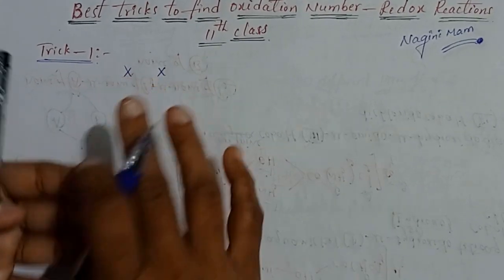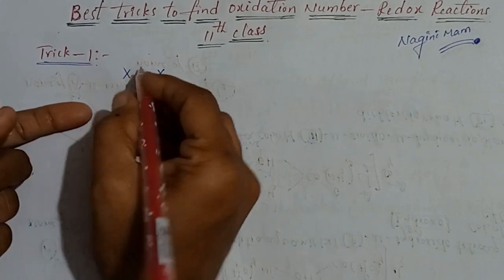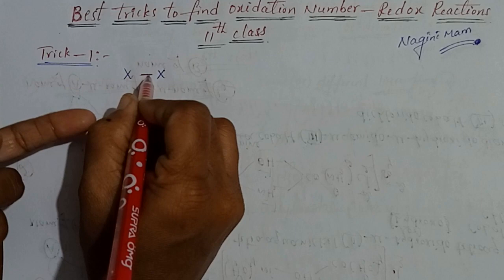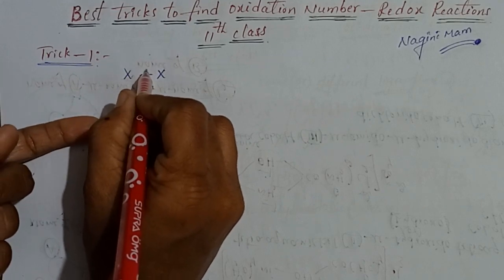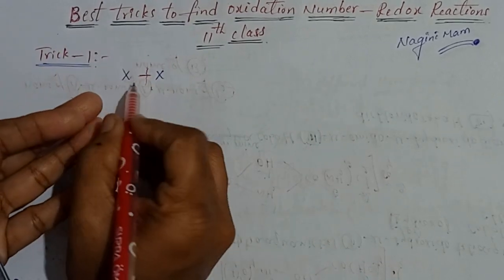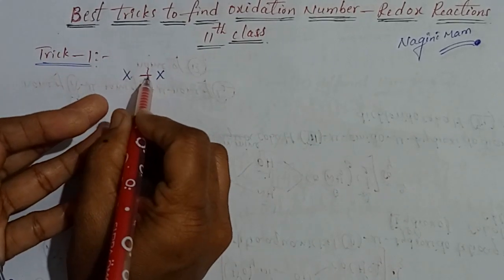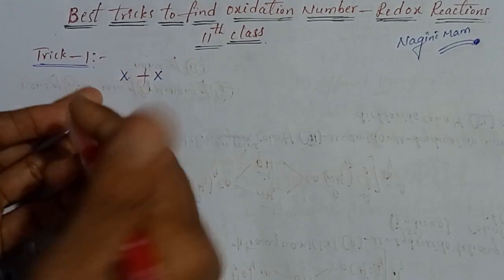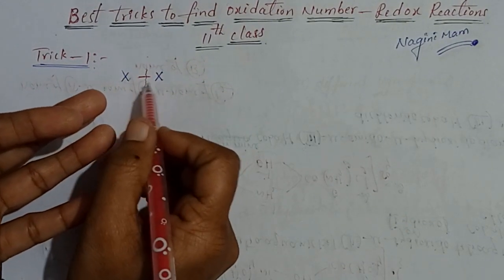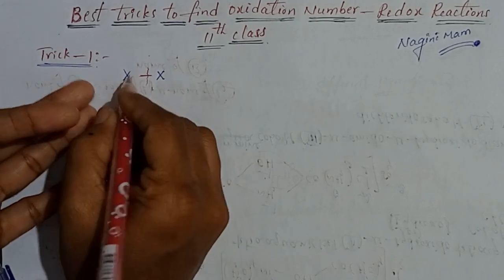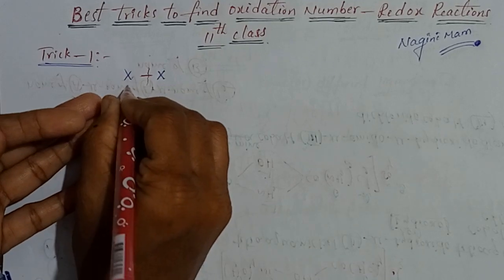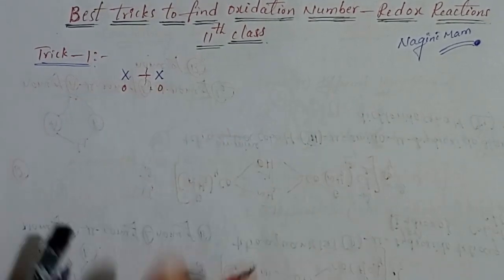Between the same elements, if a single bond is there and you break this bond, there is no contribution between the two atoms. There is no sharing of electrons, so the oxidation state of these two elements is 0, 0. Oxidation number is 0.